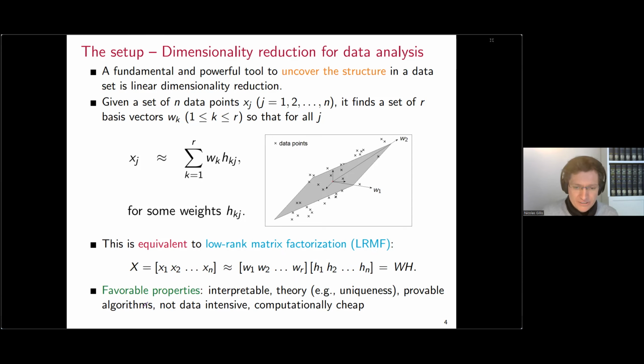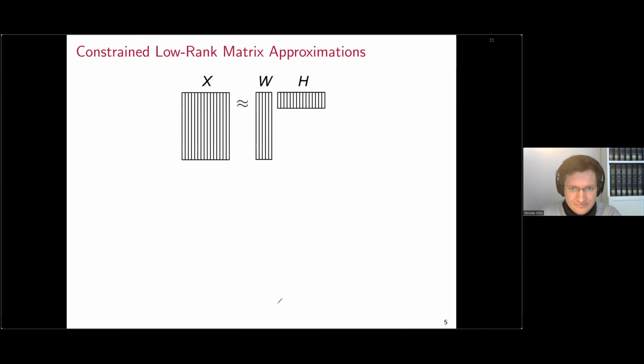There are many such models for which we can compute the optimal W and H factorization, and they are not data intensive and they are typically computationally cheap. So they have these properties that maybe neural networks don't have, at least in the original form. This is a wide class of models which are referred to as constrained low-rank matrix approximations or factorization.